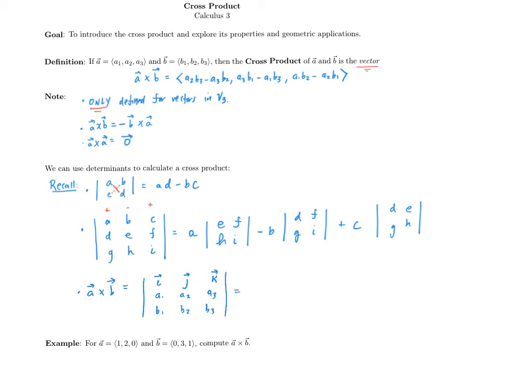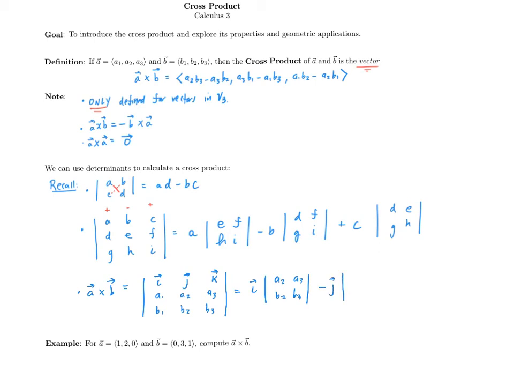So if we were to write this all out using our above formula, we have I times that resulting 2 by 2 determinant when we cross off the I row and column. So that would be A2, A3, B2, B3. Remember the pattern, and this is key, plus, minus, plus.